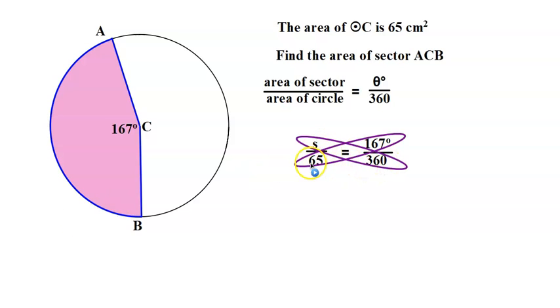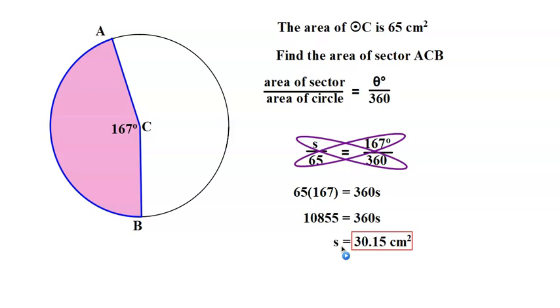So we have 65 times 167 equals 360 times S. Multiplying that out, we have 10,855 equals 360S. Divide by 360, and S is approximately 30.15 centimeters squared. So there it is, another way we can do it.